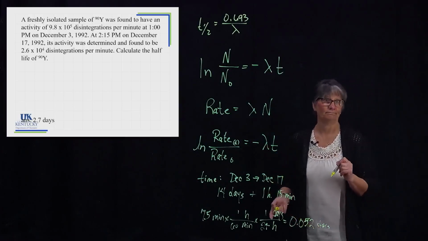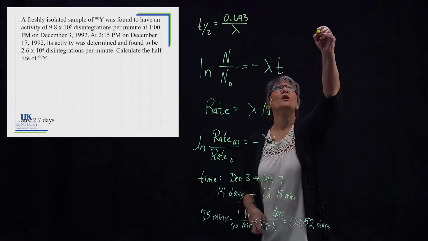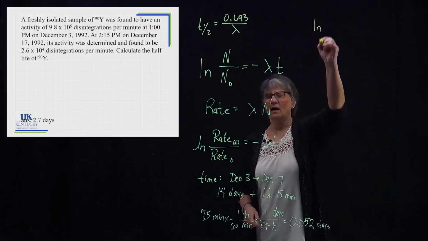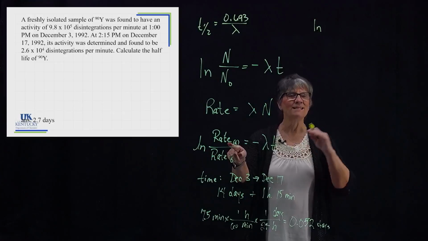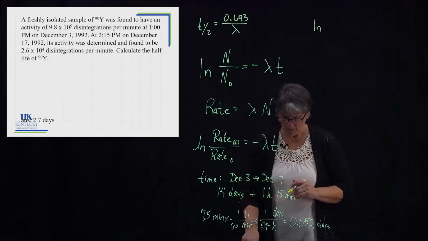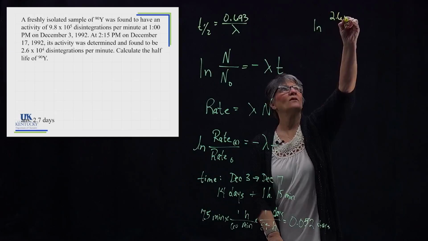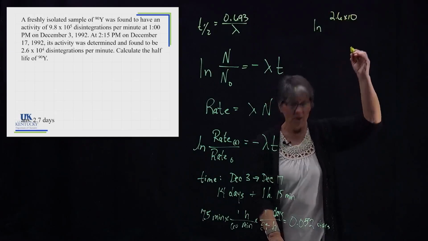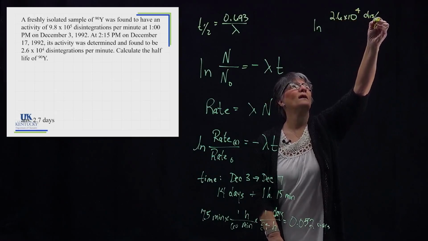So now I'm ready to go and figure out the rate constant, lambda, using this equation, plugging everything in. So the natural log of the disintegrations at some time in the future, which was your December 17 day, is 2.6 times 10 to the 4th disintegrations per minute. That's a rate.